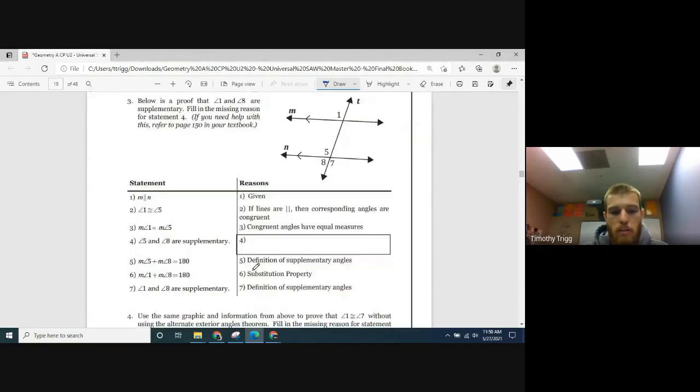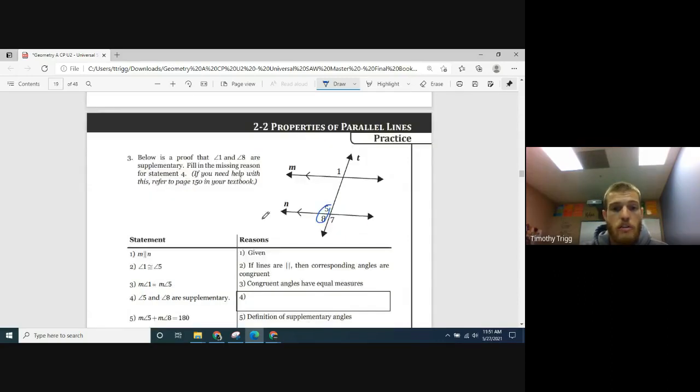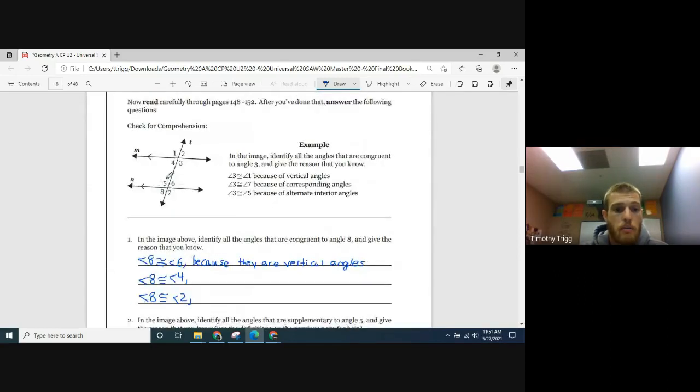But I want you to focus on, let's just figure out what goes in this blank here. What's this reason? So 5 and 8 are supplementary. So here's 5 and 8. It says they are supplementary. And over here for the reason, we need to write why we know that's true. How do we know that 5 and 8 are supplementary? Well, just like up here, 5 and 8 were supplementary.